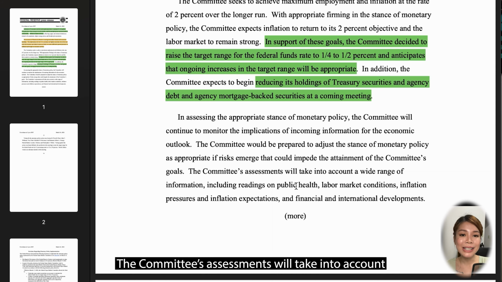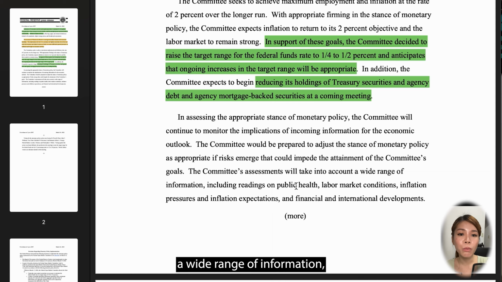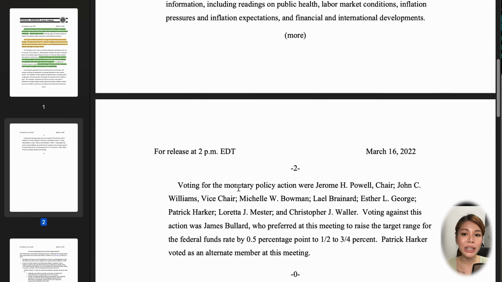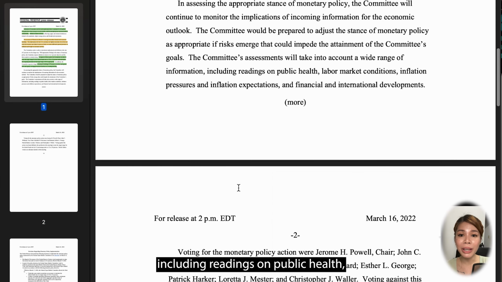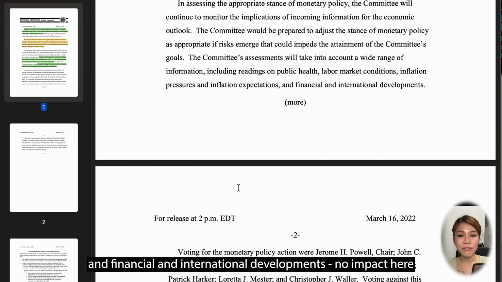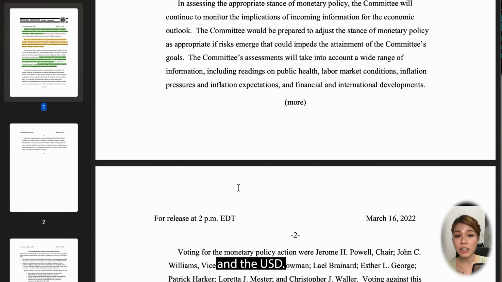The committee's assessment will take into account a wide range of information, including readings on public health, labor market conditions, inflation pressures and inflation expectations, and financial and international developments. No impact here as it only affirms the Fed's mandate to protect the economy and the USD.